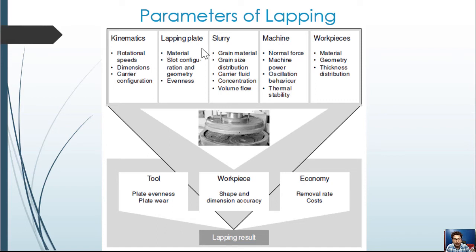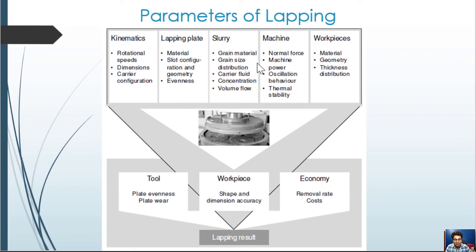Then in lapping plates, the type of material which is being used, slot configuration, geometries, evenness. Then inside the slurry, the grain materials which are being used directly affect the surface roughness as well as the quality of the surface which is being generated.